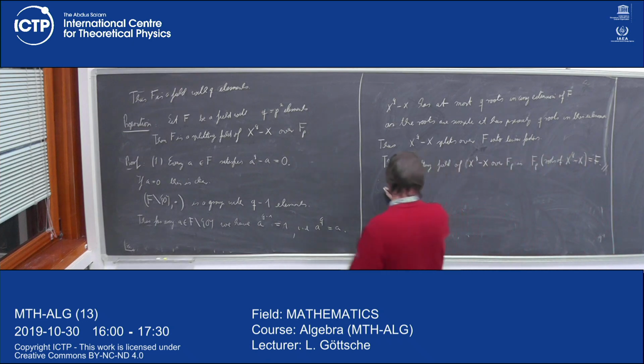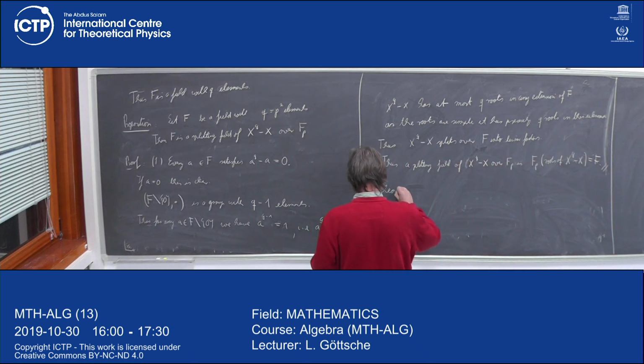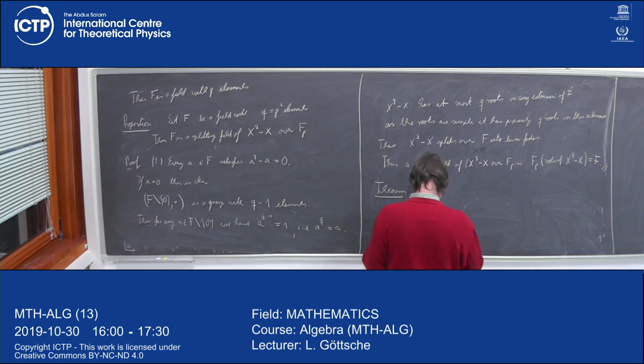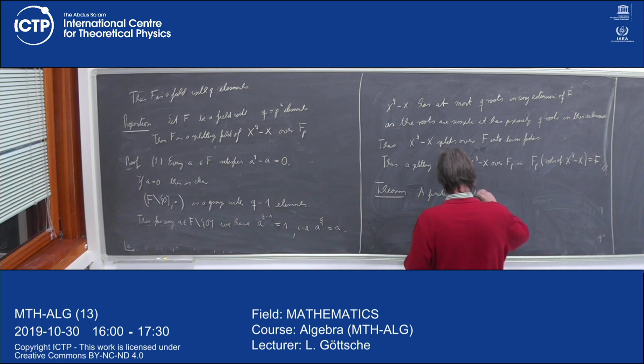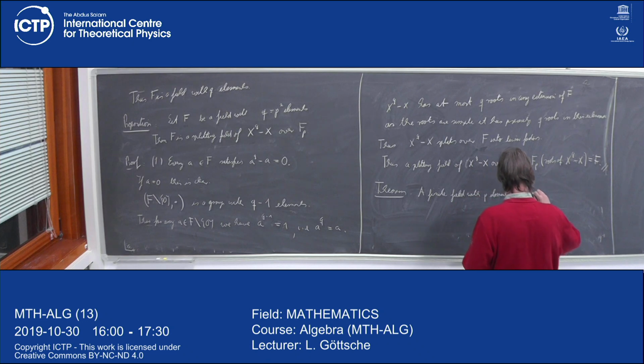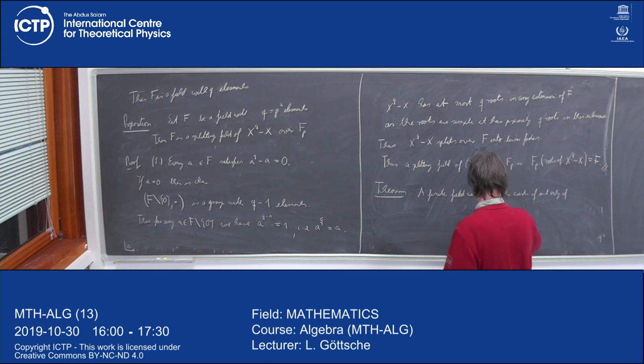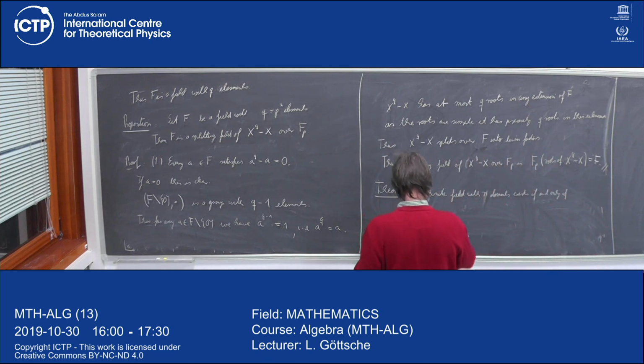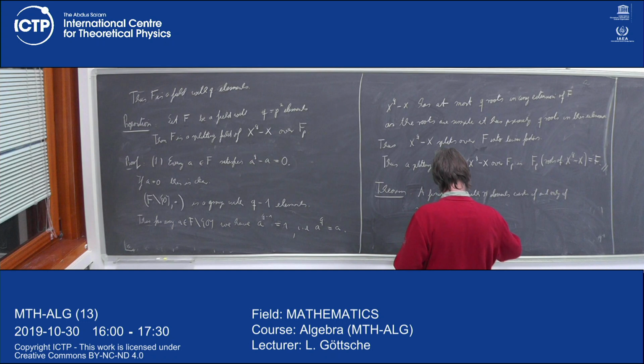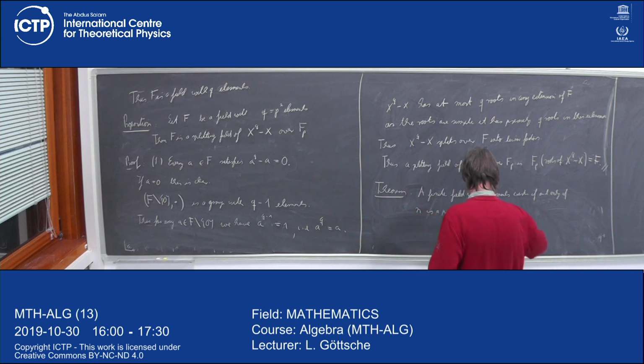So together, we have the following classification. A finite field with n elements exists if and only if n is a prime power p to the n, q equal p to the n.